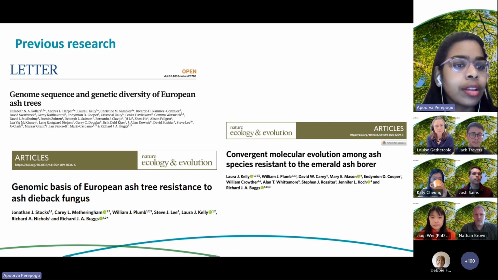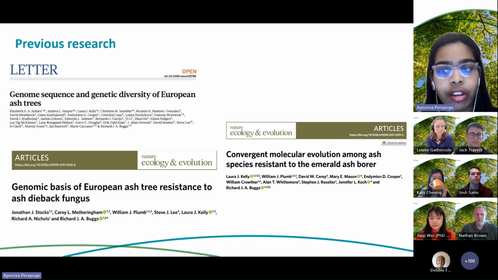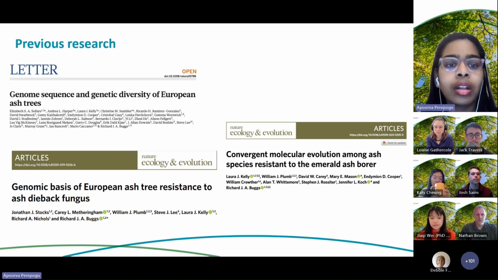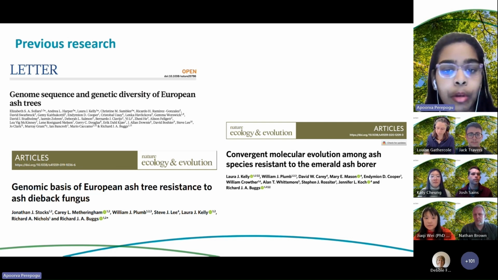Then there was another paper about genome-wide association studies to identify loci associated with low susceptibility to ash dieback, and another about comparative genomics analysis to identify candidate genes for low susceptibility and defense against emerald ash borer.